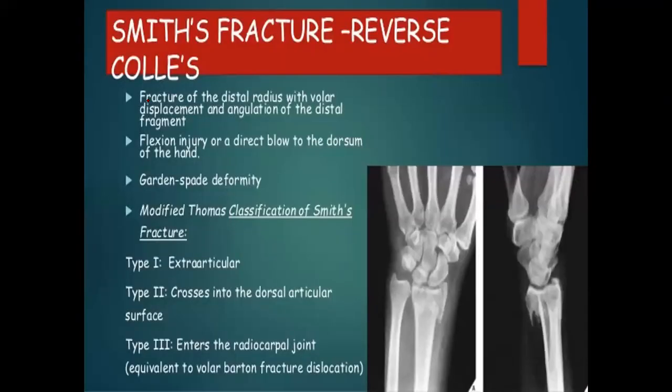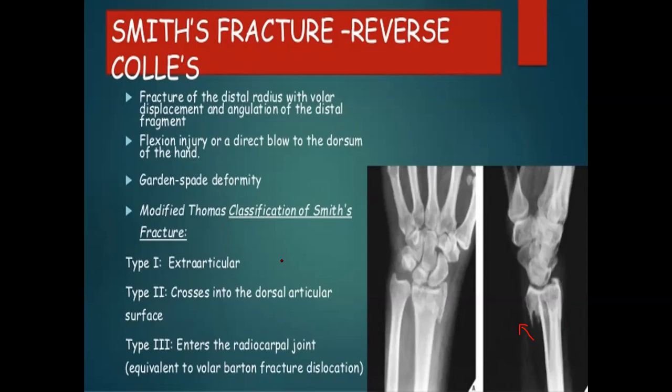Smith fracture, so that's a reverse Colles fracture. So that's going to be volar displacement. The one thing that you need to know about a Smith's fracture is that it's very rare, because think about a Colles fracture, it makes sense, right? You fall, right? But a Smith fracture is like you fell and your arm did this, which is very rare.